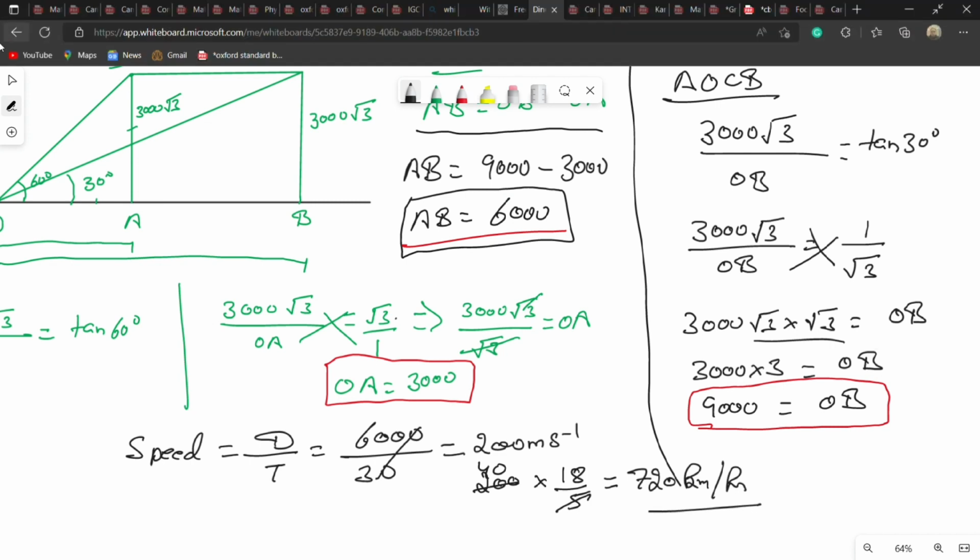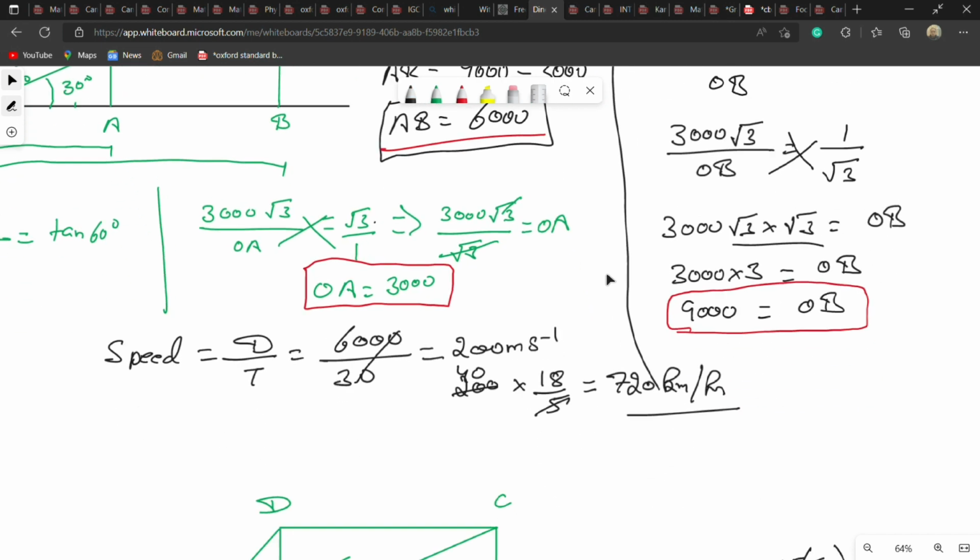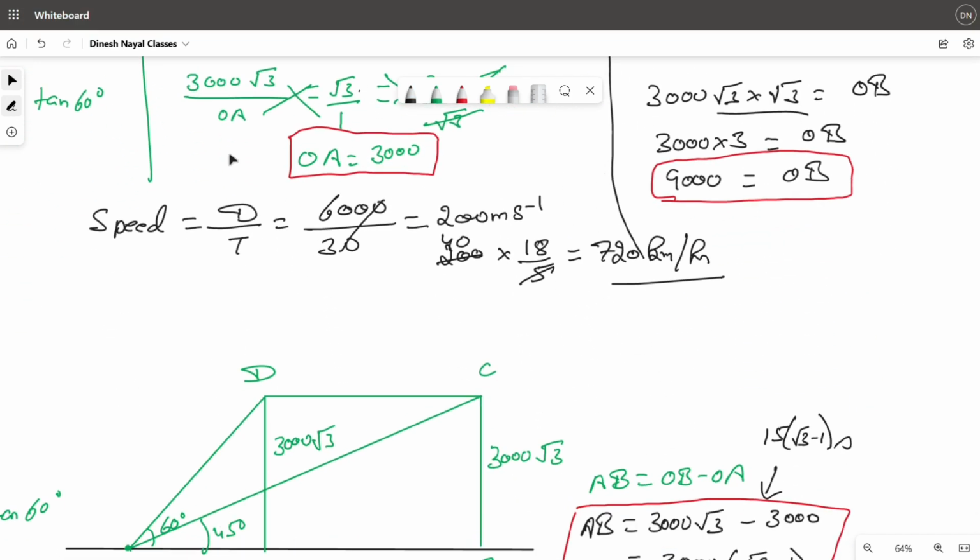Also, you can convert 200 meters per second to kilometers per hour another way, if you don't know the concept of 18 by 5. It's 200 meters upon 1 second. To convert meters to kilometers, you divide by 1000, because 1 kilometer is 1000 meters.